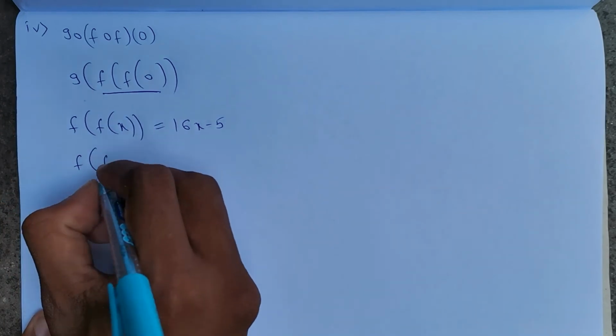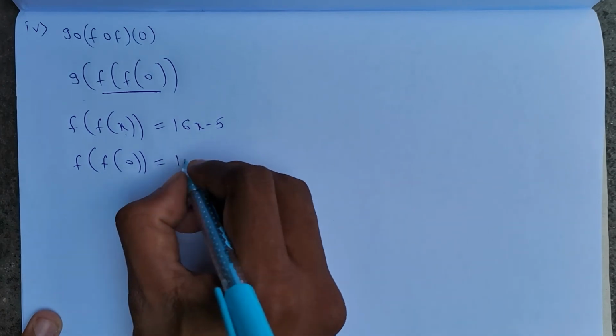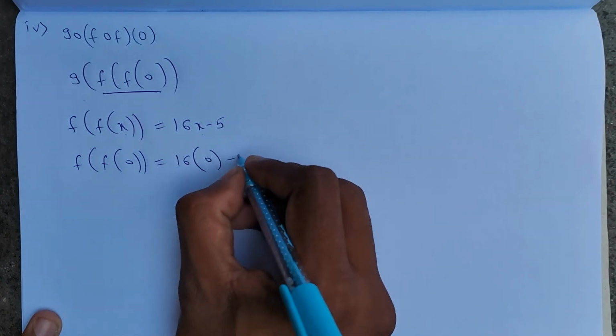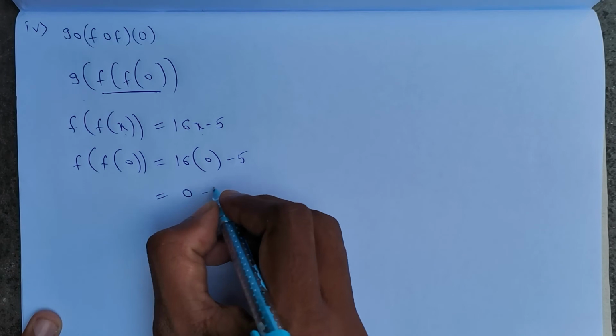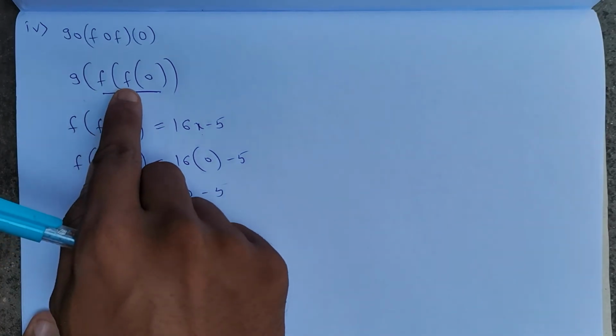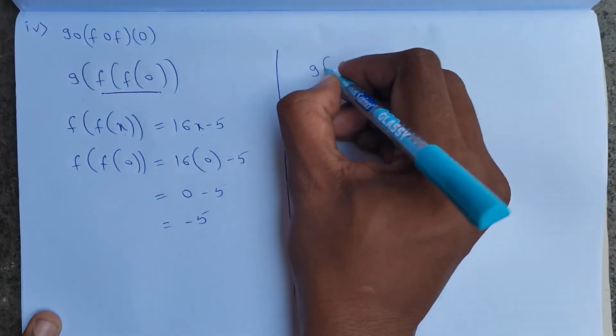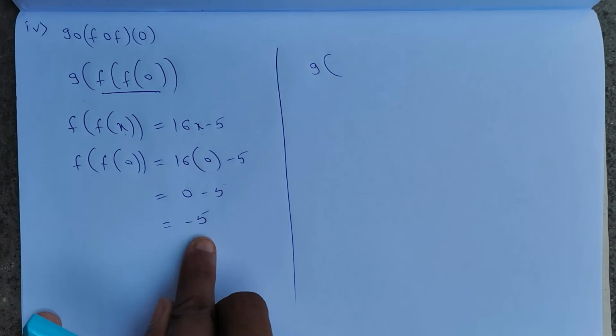So for f of 0, in the place of x we are substituting 0. So 16 into, in the place of x, 0, minus 5. 16 into 0, 0, minus 5, nothing but minus 5. So f of 0 value is minus 5. So g of f of 0 is g of minus 5.